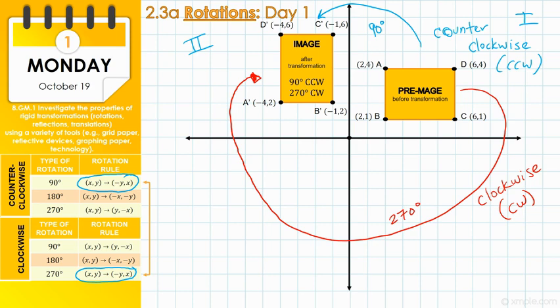And so we'll follow and map A, and the rule is the same.